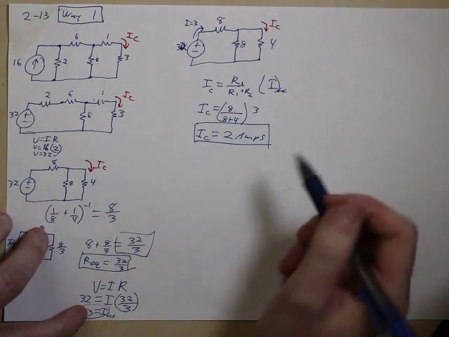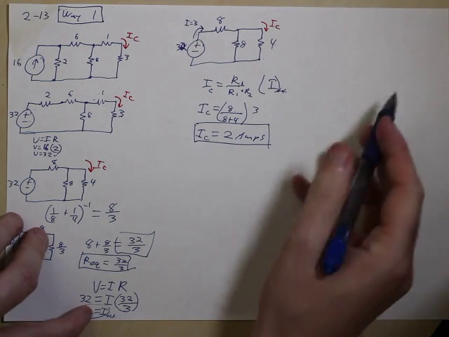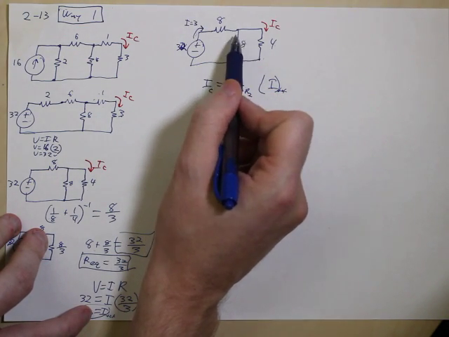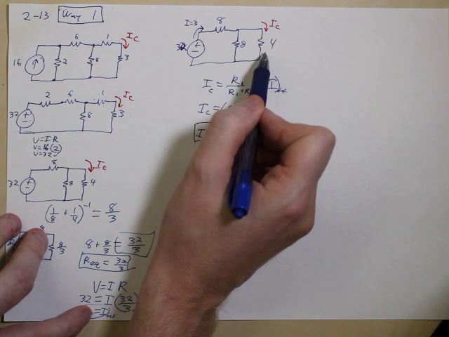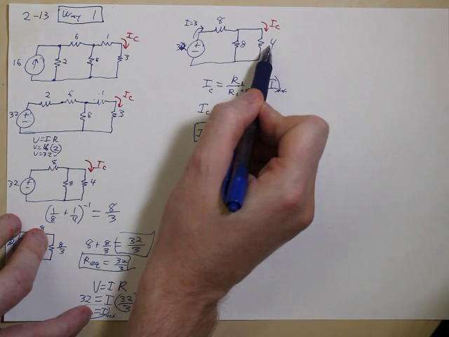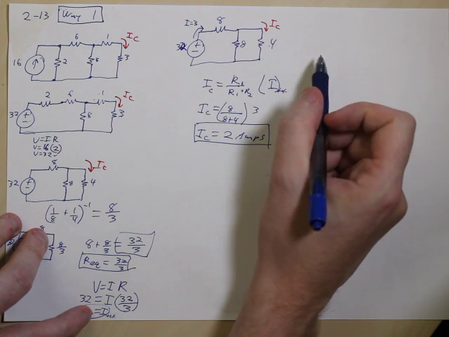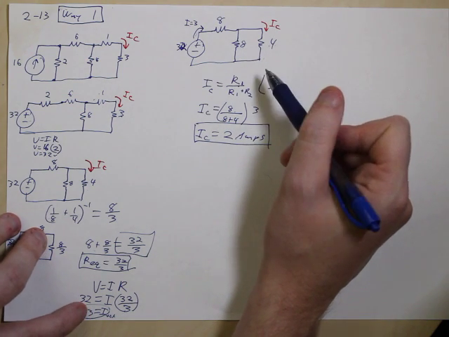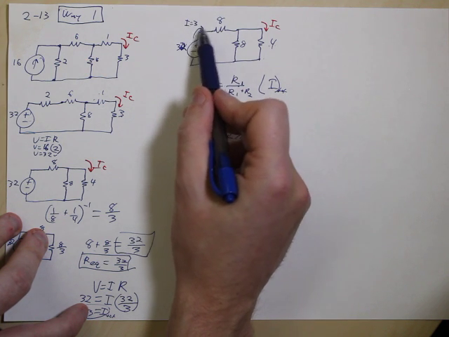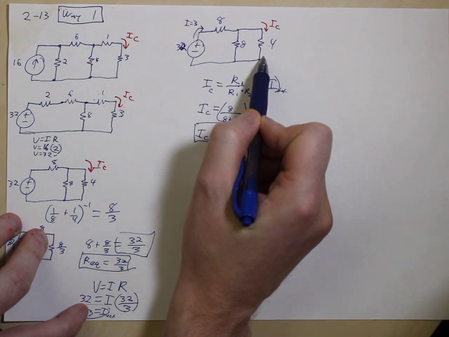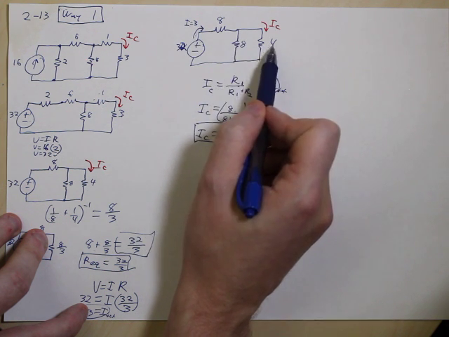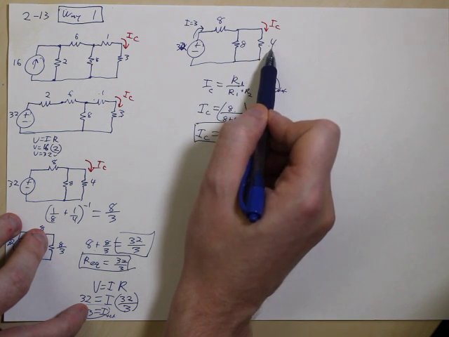Now there's another cool way to solve this if you're thinking about it. If you have 3 amps coming into this, and you know that 100% of it has to go to both of these, because remember, I equals I1 plus I2. If we look at this a little bit differently, you can see that of 3, 2 of it is going to go through this, and 1 is going to go through this, because this is twice the value of this.